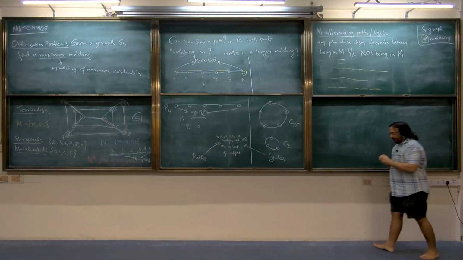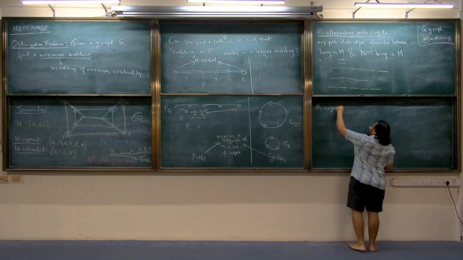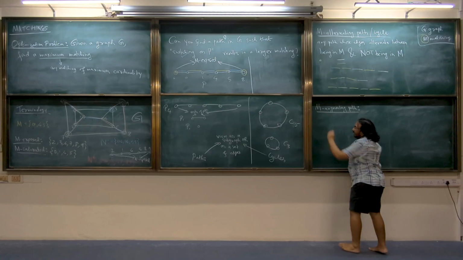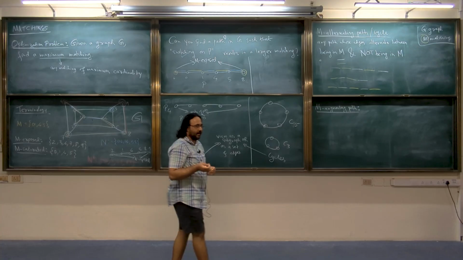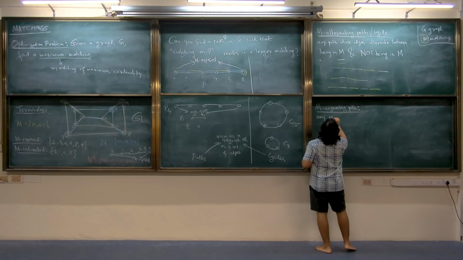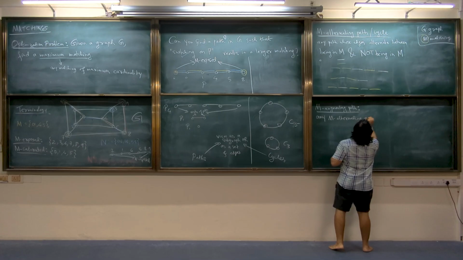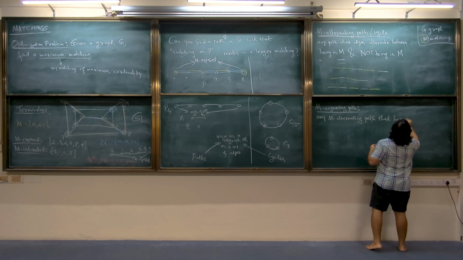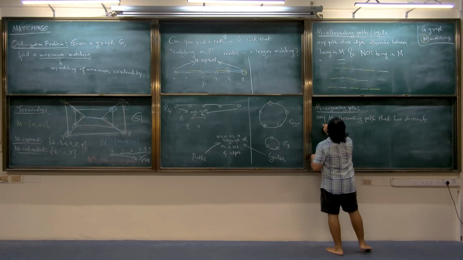Okay. So, an M augmenting path is any M alternating path that has distinct M exposed ends.